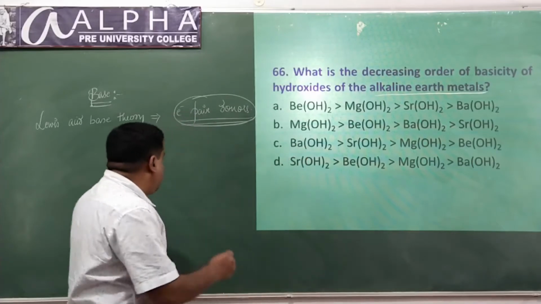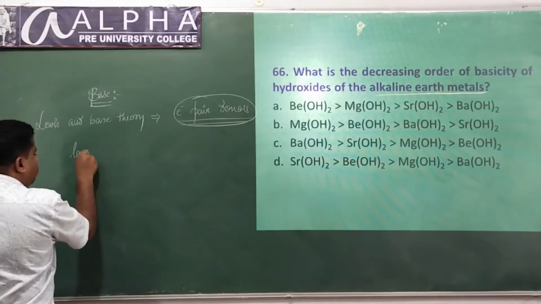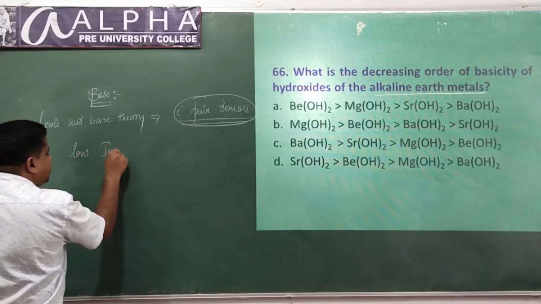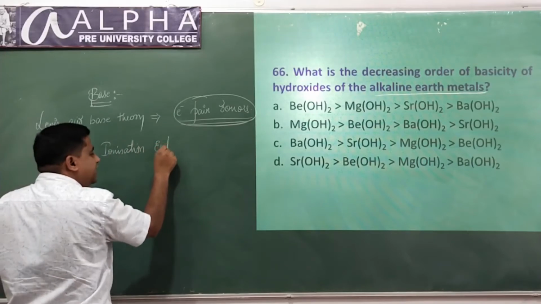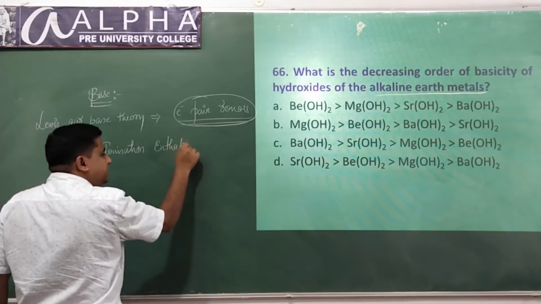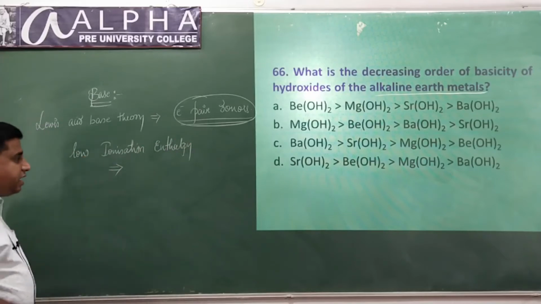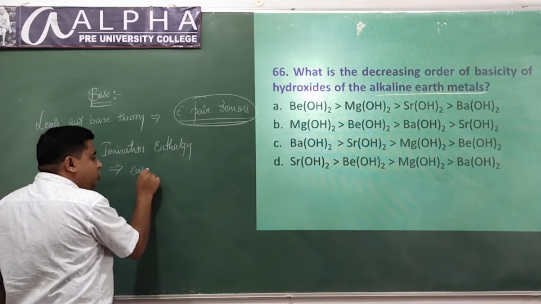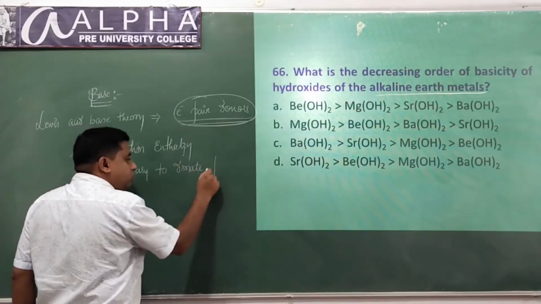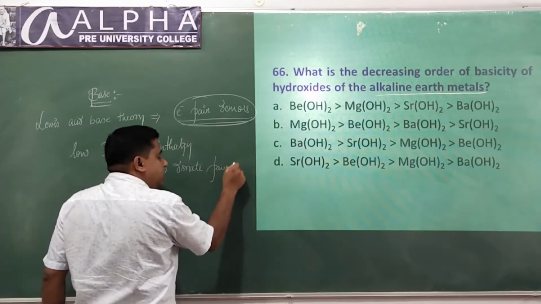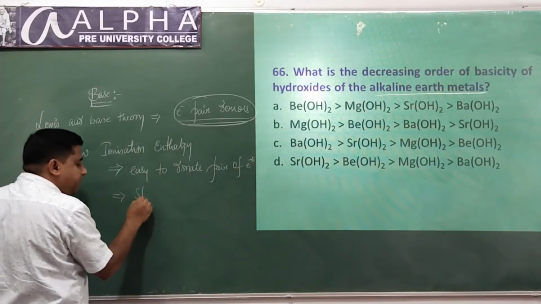Lower the ionization enthalpy, easier to donate a pair of electrons, hence stronger will be the base.